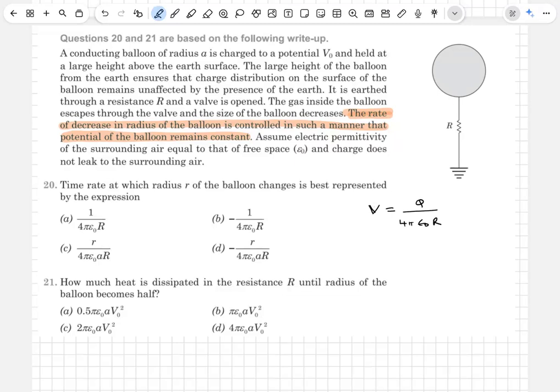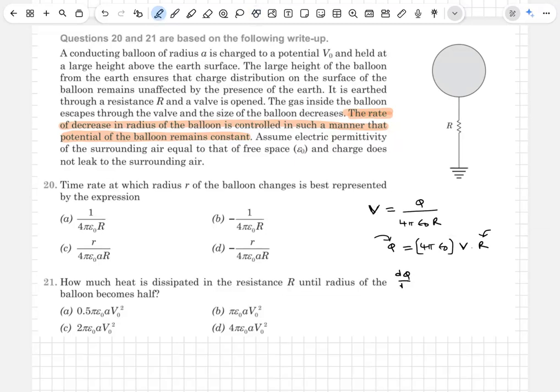Now you said the potential remains constant. That's very clear. The rate of decrease in radius of the balloon is controlled in such a manner that the potential of the balloon remains constant. So clearly Q is 4 pi epsilon naught V into R. Remember, this is the initial condition, and again the R on the right side is an initial condition.